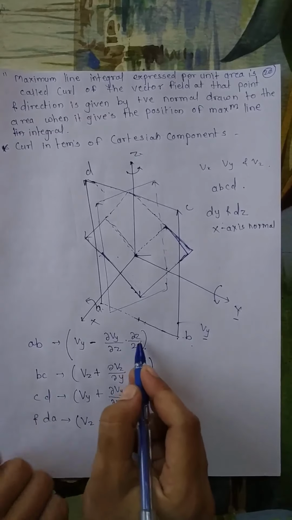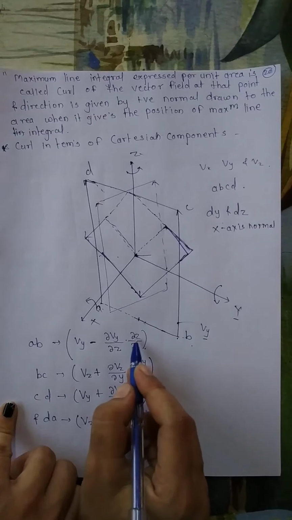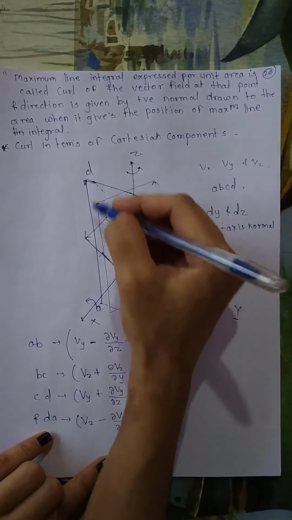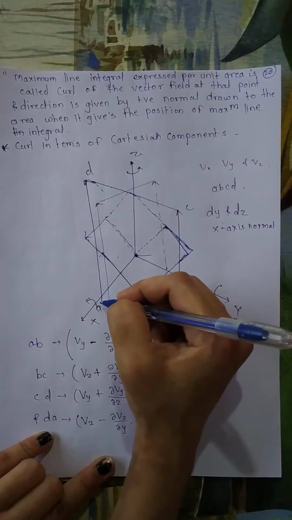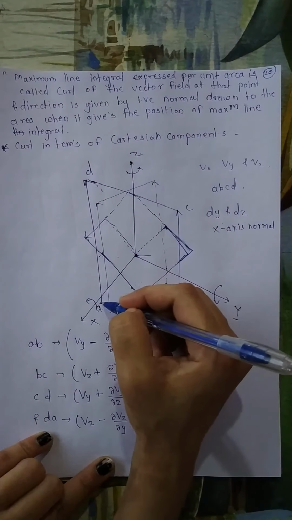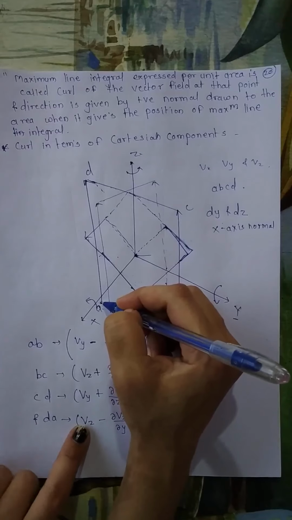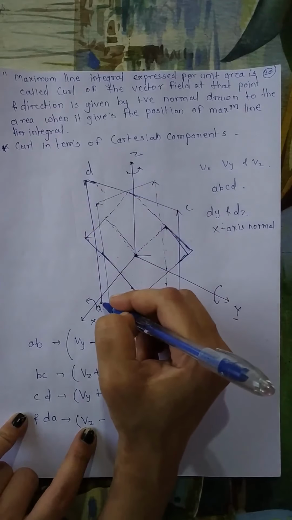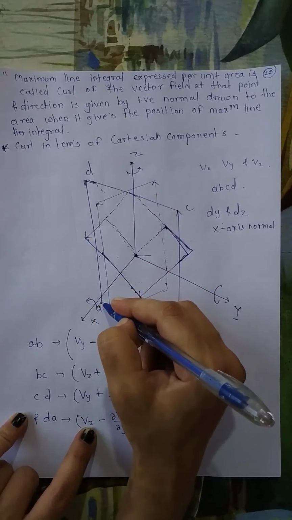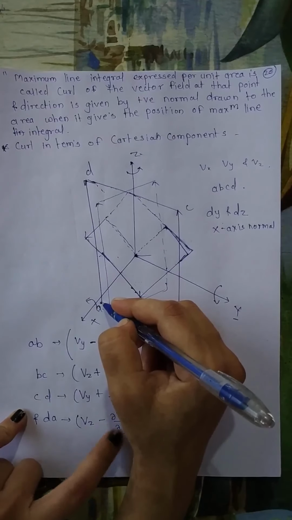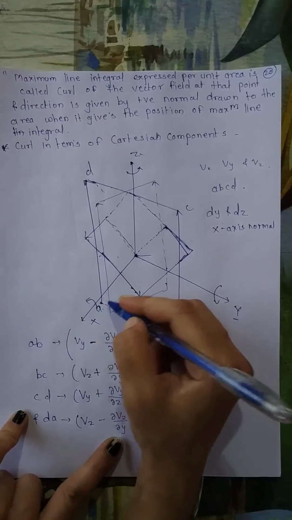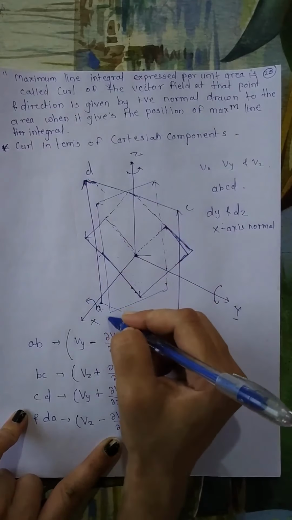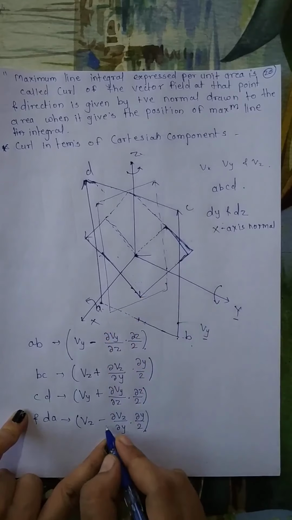Now how do these terms come here? For the line DA, the velocity component is Vz since it is along the z direction, therefore the rate of flow of the vector will be dou Vz upon dou y, and since this direction is upward but it lies on the negative axis, it will be negative.